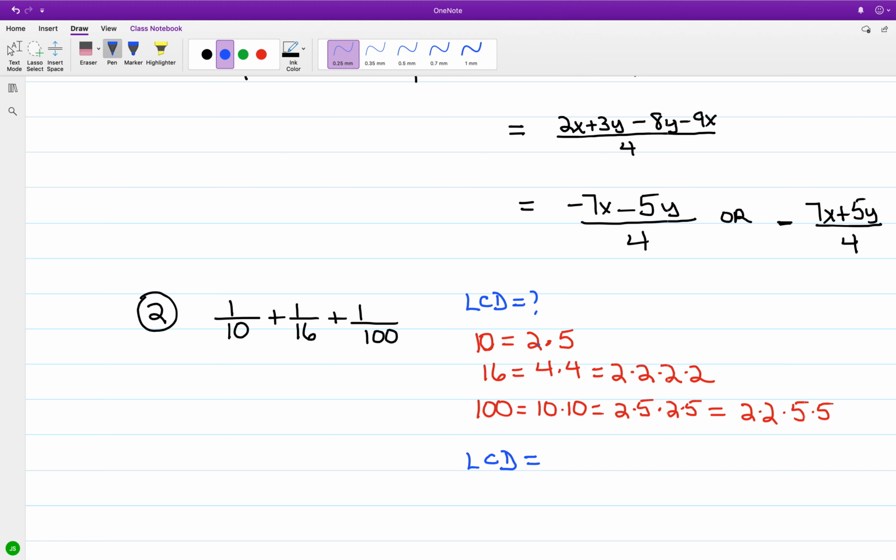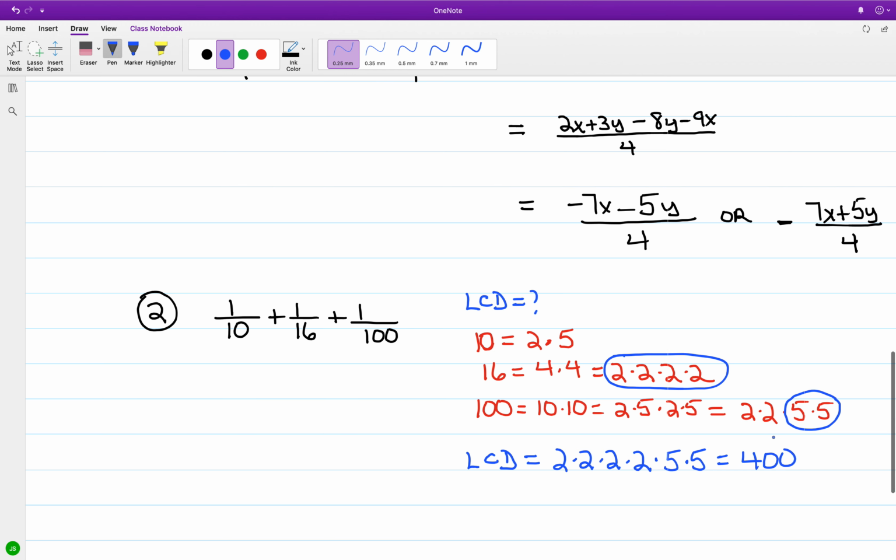With 2, it appears once for 10, 4 times with 16, and 2 times with 100, so we have four 2's. In the case of the number 5, it appears once, then not at all, and twice from 100. If you multiply the 2's and the 5's, we're going to have 400.